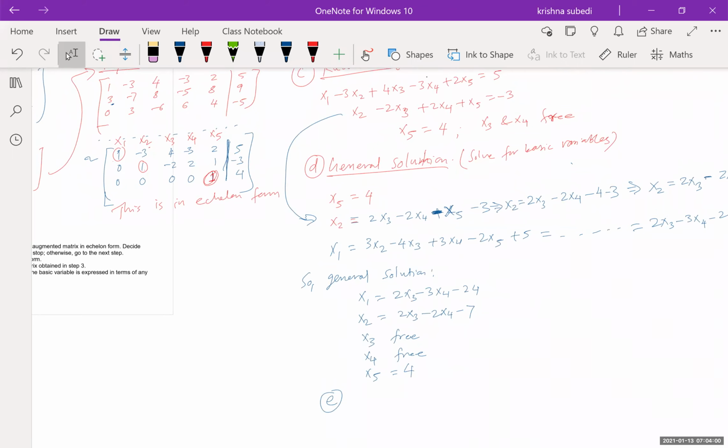I think we discussed that issue in our last class. How can we say whether the system is consistent or not just by looking at the echelon form, right? Inconsistent? It's my thought. I don't know if I'm correct or not.